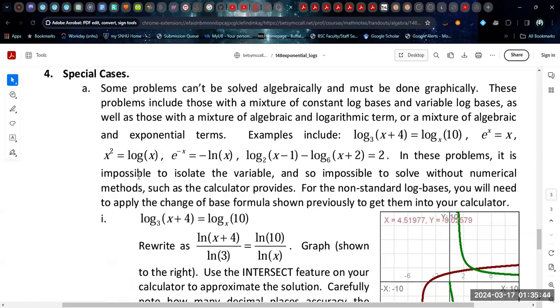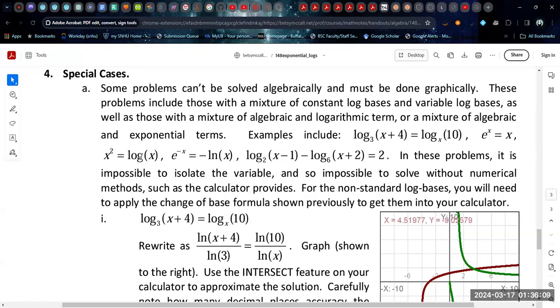They either can't be done at all, or as we saw in some of these other cases, they can be done in theory, but they can't be done easily. But if you combine things like exponentials and logs, for example, or exponentials and just naked x's, then you're going to end up with situations that you can't actually solve.